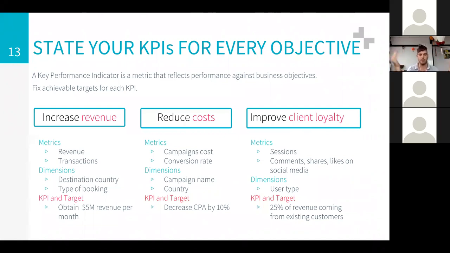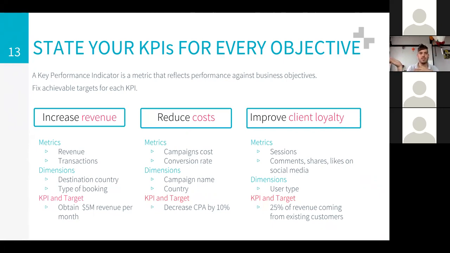That would be my target, and that's the value we'll use to compare my current performance against. In terms of dimensions, if I'm an e-commerce website selling tours, I will need the destination country, so I can see what is interesting people, and the type of booking. In terms of metrics, obviously the revenue and transactions.